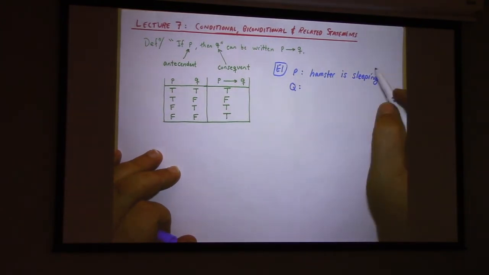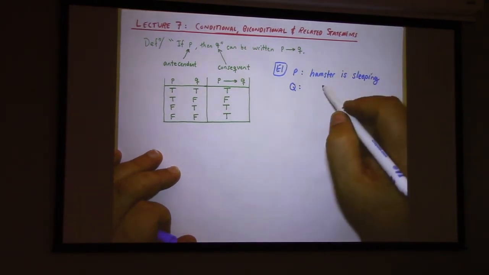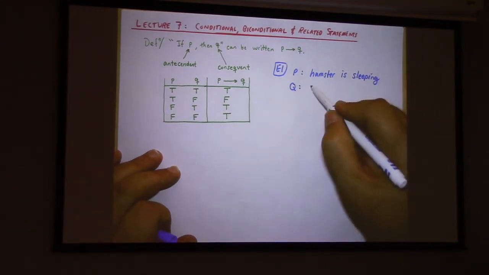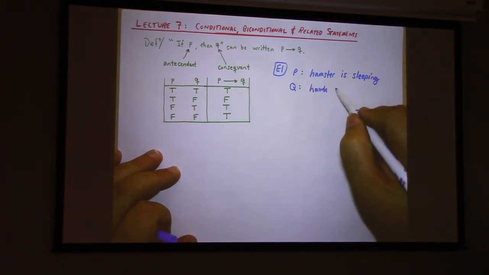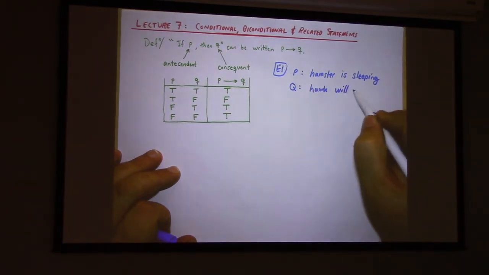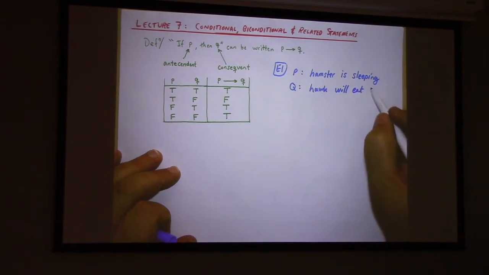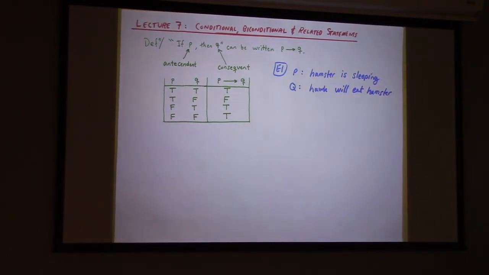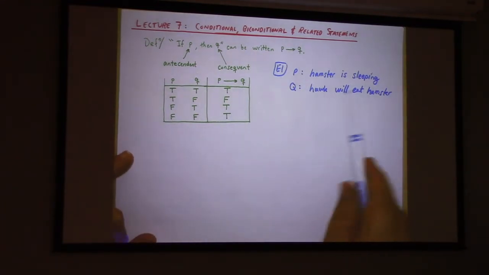Let's see here. How about the hawk will eat hamster. Hawk's got to eat. What's your problem? All right, so here's how this works.